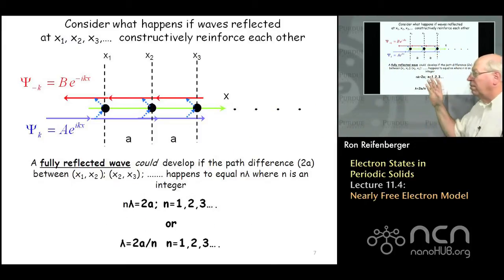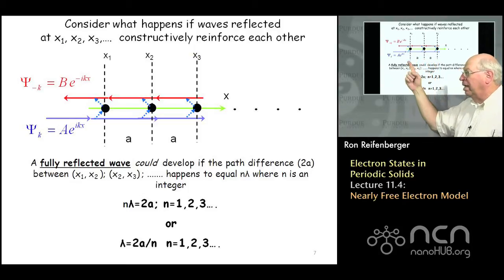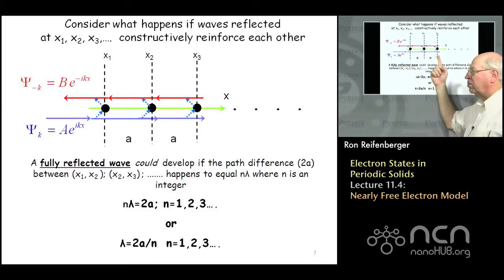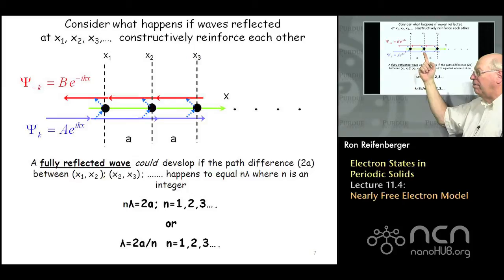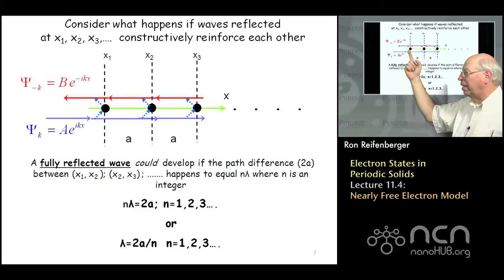Here we sort of simplify the case. These are the atom cores. They're spaced periodically by a distance a, and we're going to just say that this wave function moving from left to right has a certain probability of being reflected at each location where this atom is located.